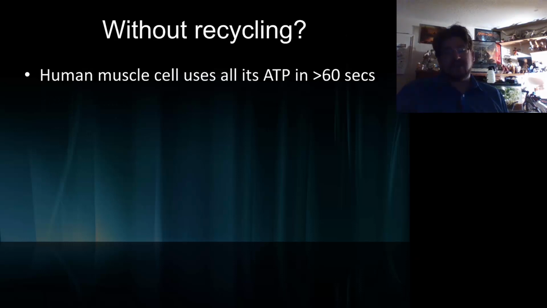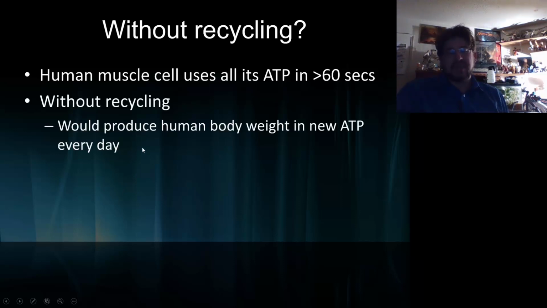Without recycling, well, bad things happen. The human muscle cell uses all of its ATP in less than 60 seconds. So as soon as you start contracting, in less than a minute, every single ATP molecule in that cell is used up. And if you don't have additional ATP, then you're done contracting.